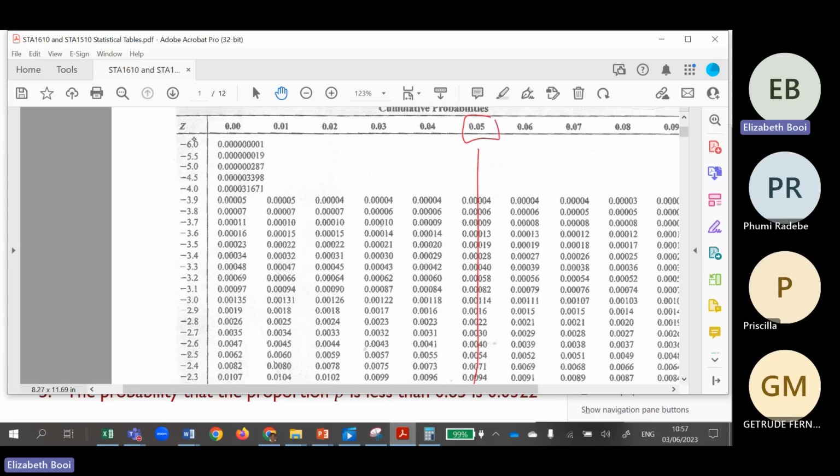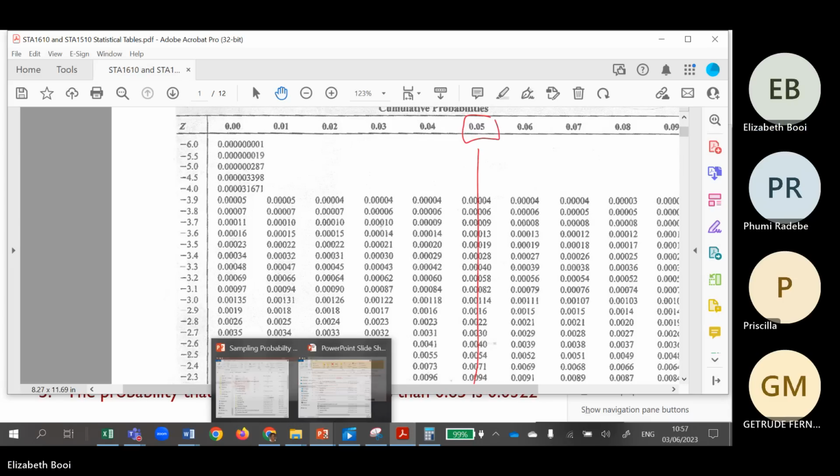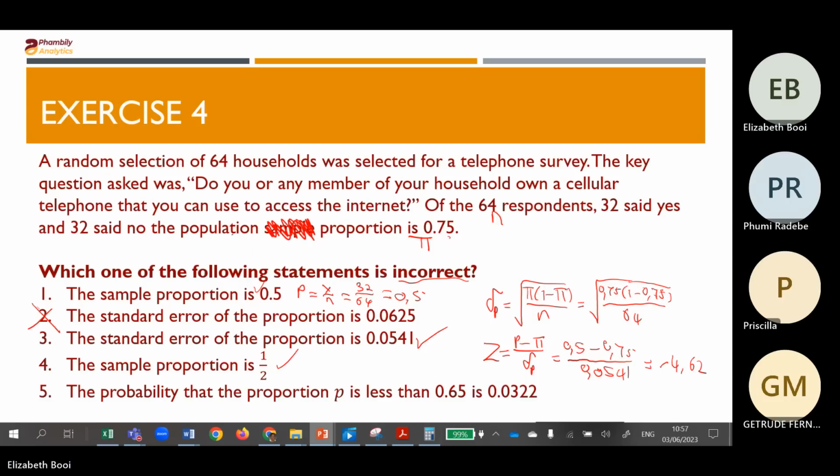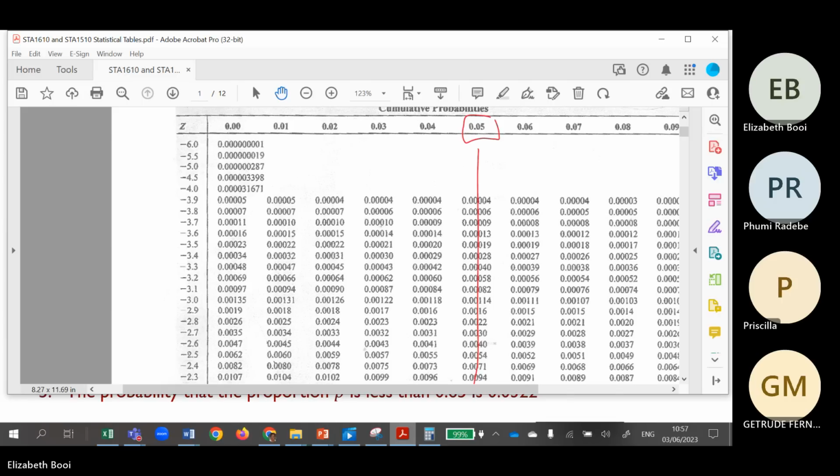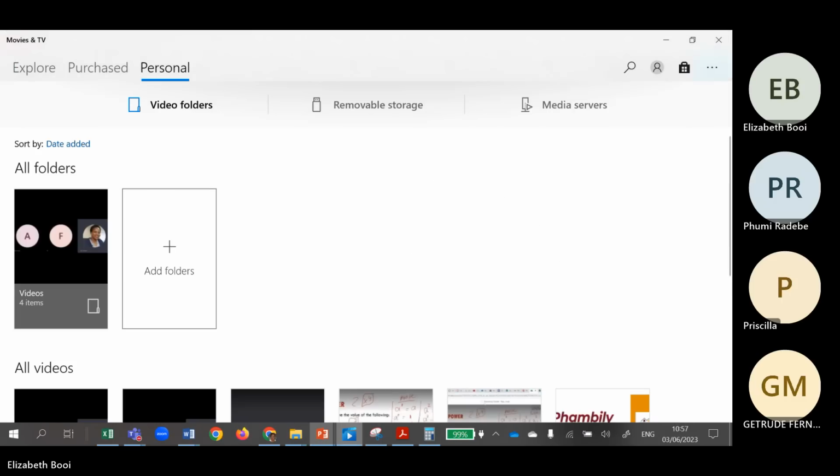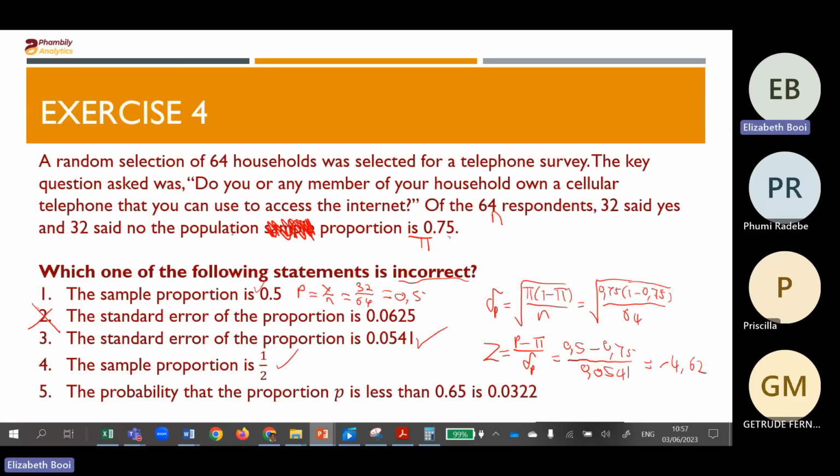And I don't find that on here. Did I calculate the right? Sorry.